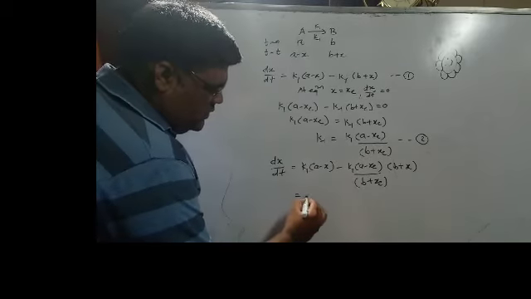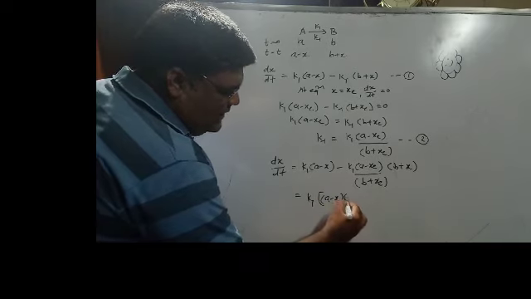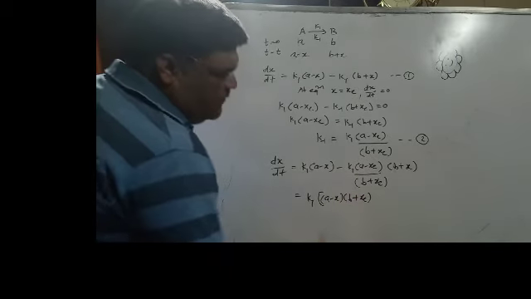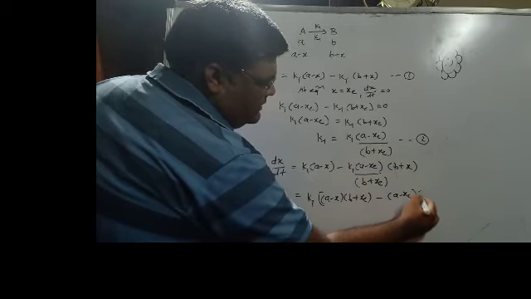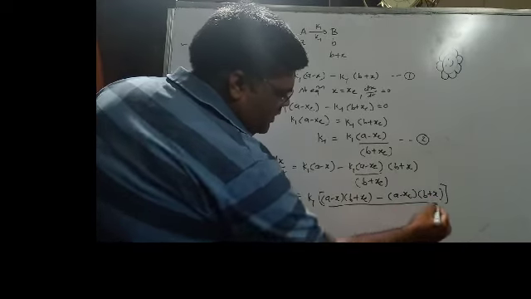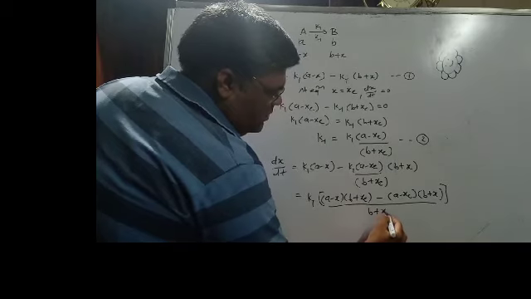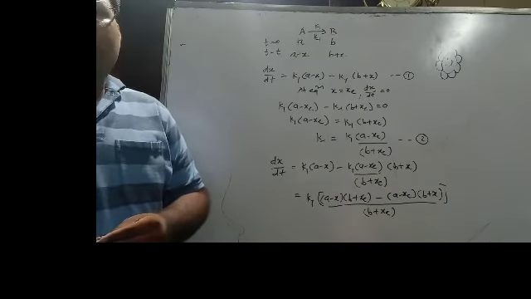So it becomes K1 in bracket (a minus x)(b plus xe) minus (a minus xe)(b plus x) whole divided by (b plus xe).